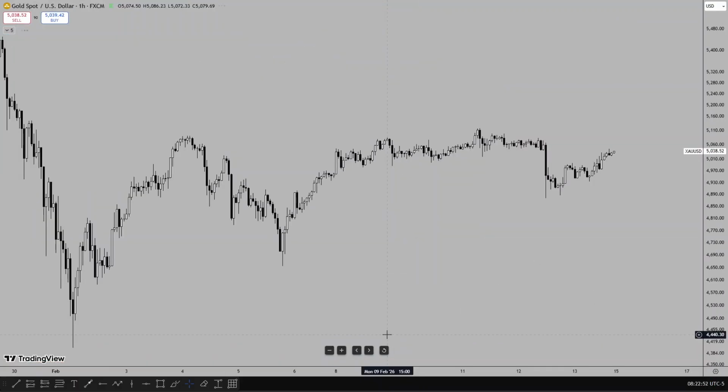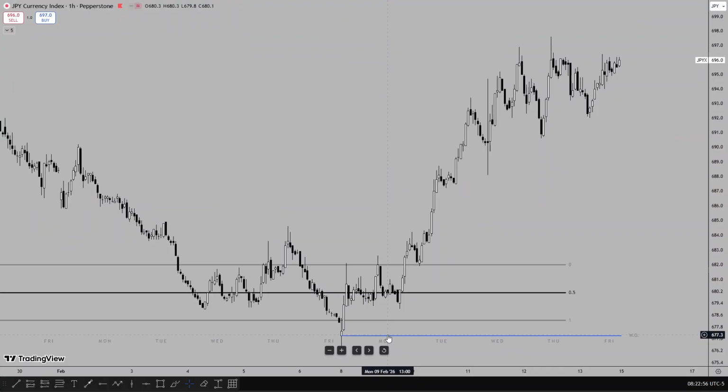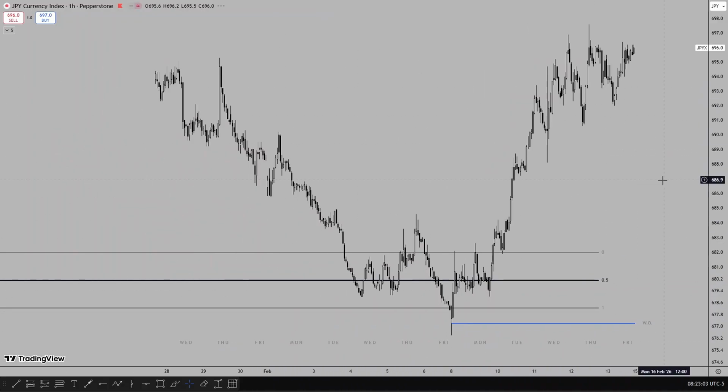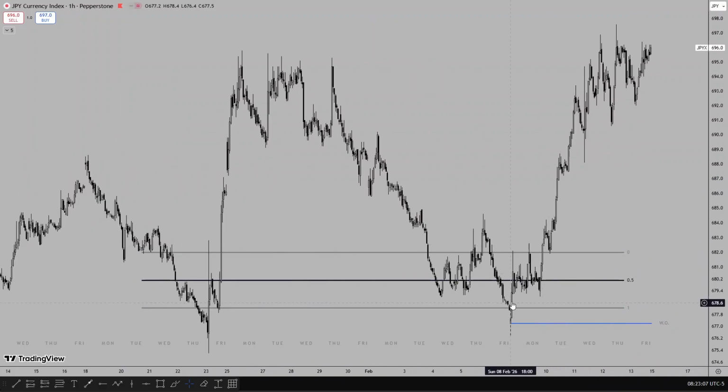So let's go to the currency. Here's gold and here's the JPY. This is the JPY index, and you can see the impulsive move, stronger price action. I was looking at an order block, which you can see price respected, trading higher and taking out the swing high.